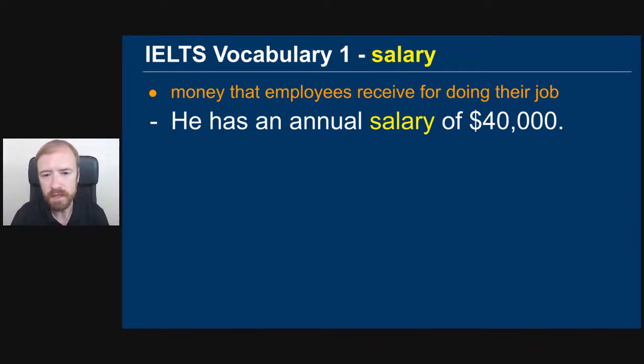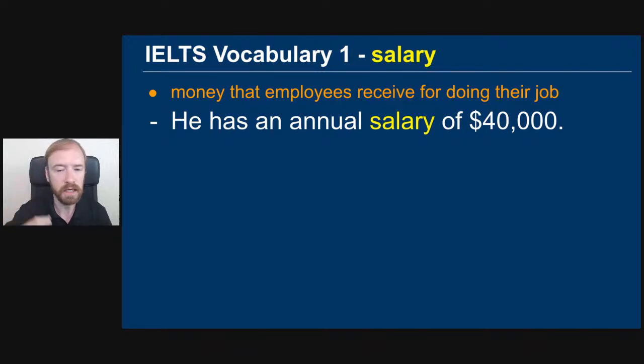So salary is a little different than a wage. I didn't put wage here, but I'm going to talk about it. If you're working a part-time job, sometimes lower level jobs pay a wage, which means you're paid per hour. Every country has a minimum wage. I think in Korea it's about $10 per hour. So if I was working at a restaurant, I would make $10 per hour.